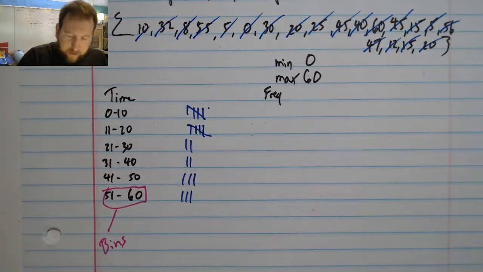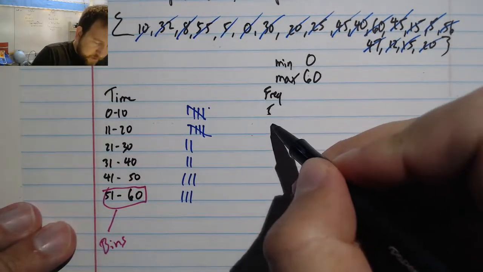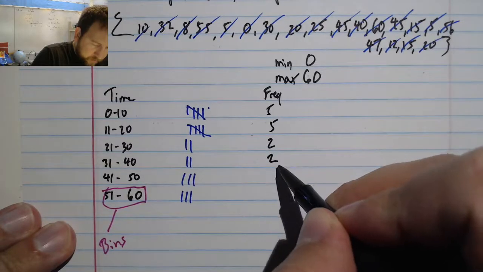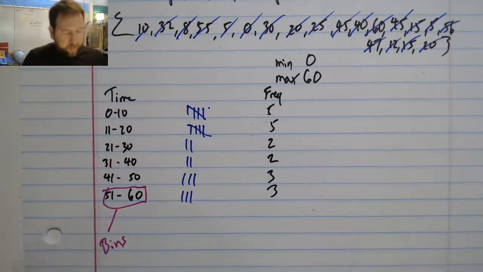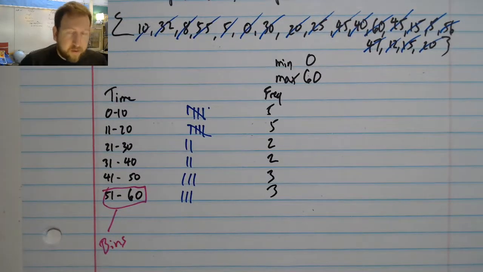Then I can write my frequencies out. 5, 5, 2, 2, 3, 3. And that's how I would do it if I needed to make bins with my data. All right, go ahead and go on.